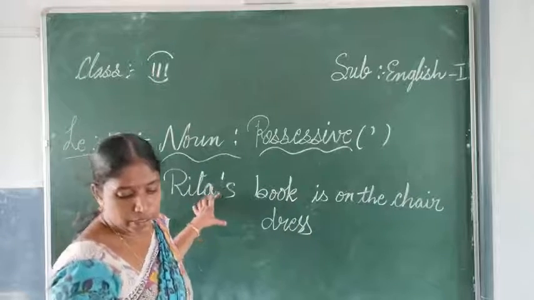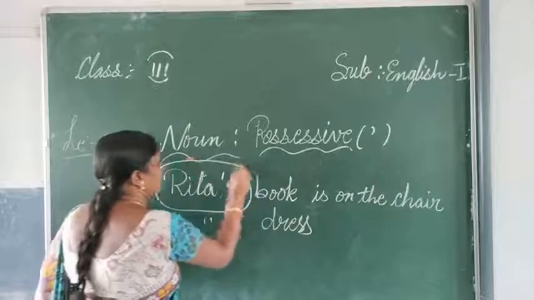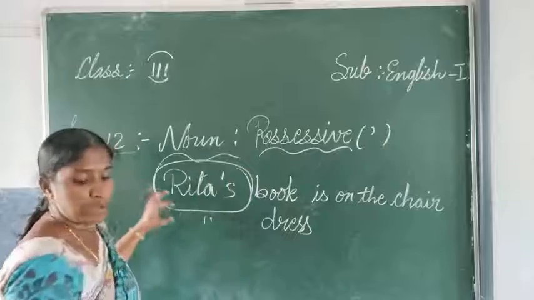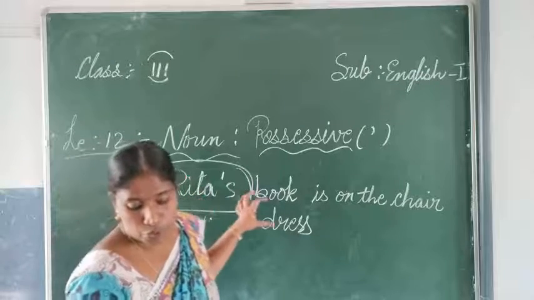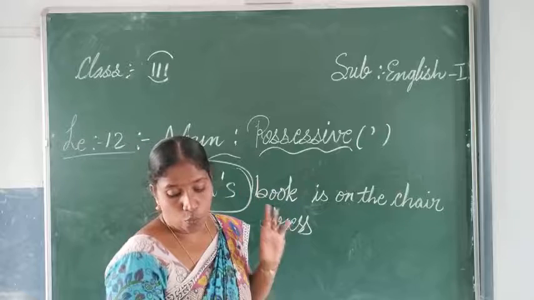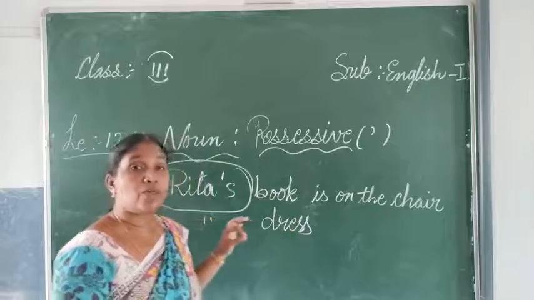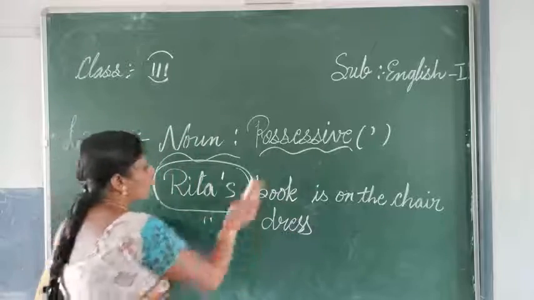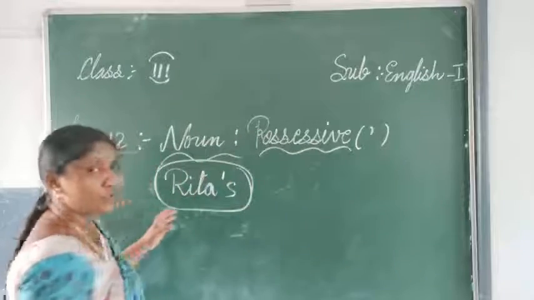Here, mainly, we have to remember this one. How did we come to know all these things are Rita's? We know that all these things belong to Rita because of the apostrophe. So how did we come to know, dear children? Because of the apostrophe.